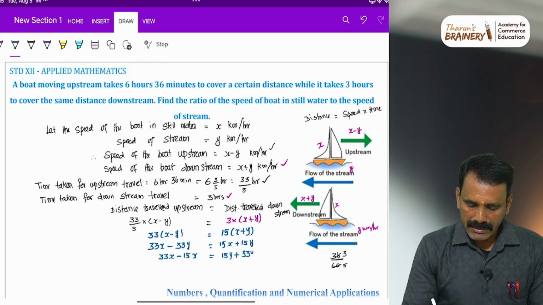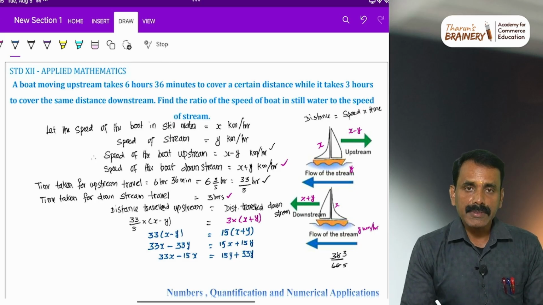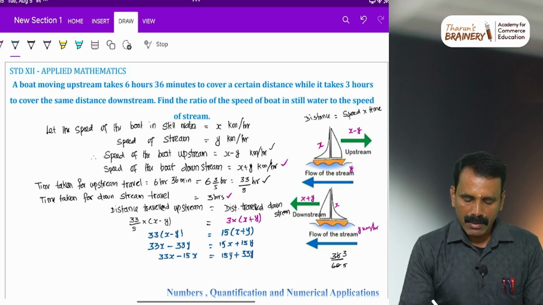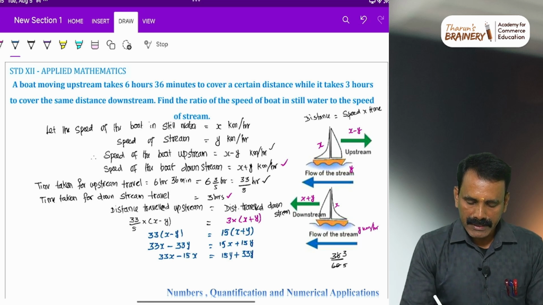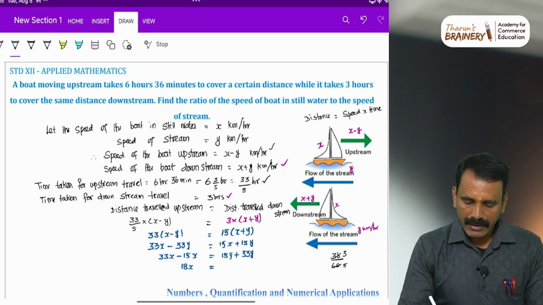We bring that minus 33y to the right side. So we simplify this expression, 33 minus 15, because x is going to be common. So 33 minus 15 is 18x is equal to 15y plus 33y. When you add, it is going to be 48y.